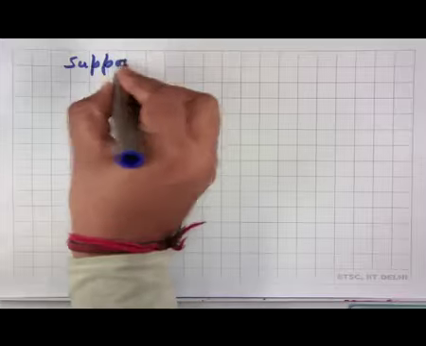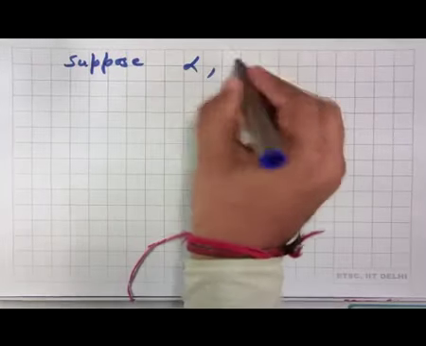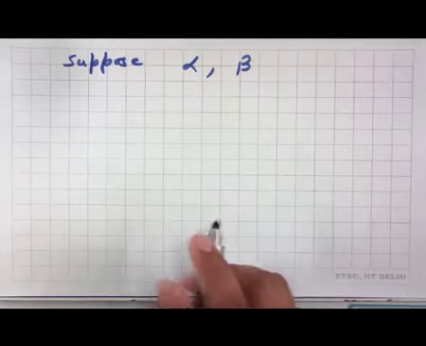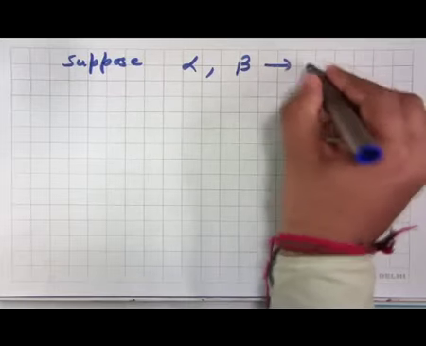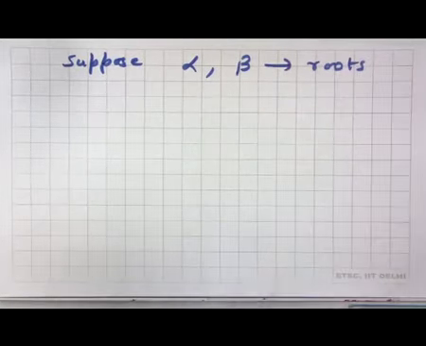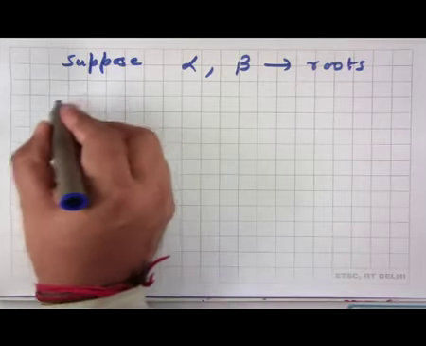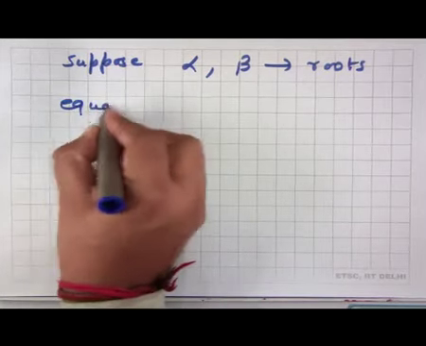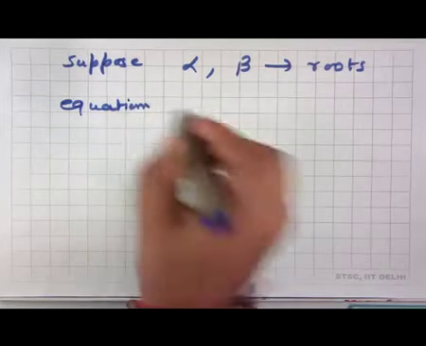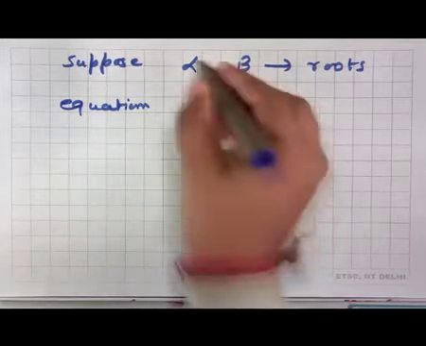Suppose alpha and beta are the roots of the quadratic equation. Now, the equation will be... suppose alpha is the root.